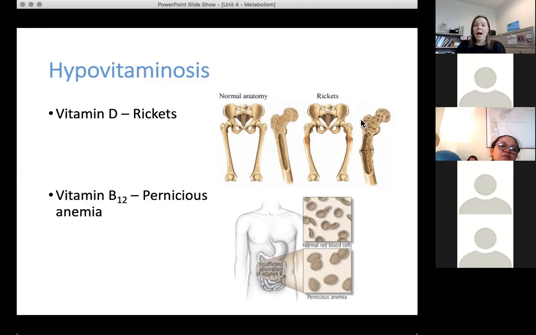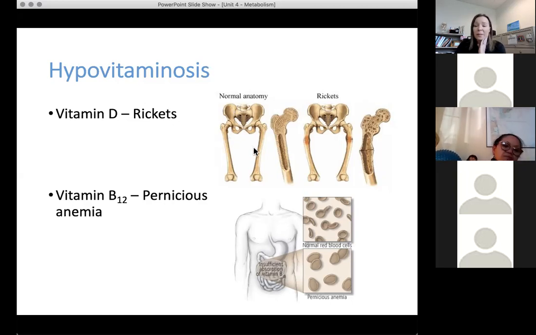With rickets, you have decreased calcium absorption, which leads to the softening of bones, and that causes bone deformities. Okay, so that is what you're seeing here on this picture.